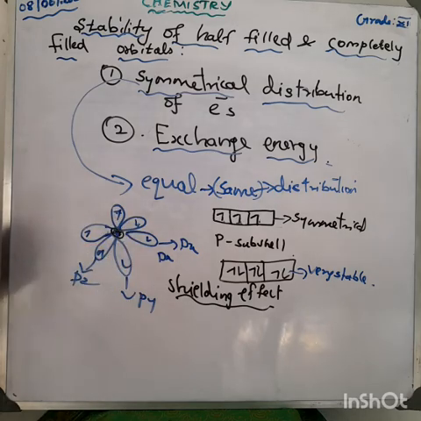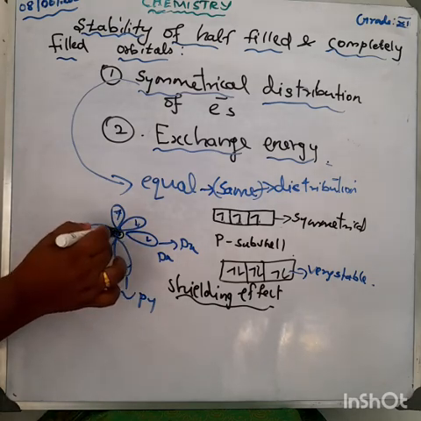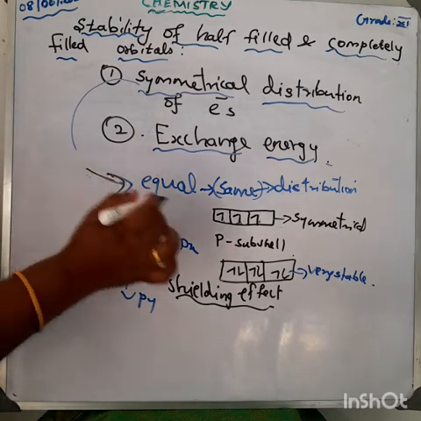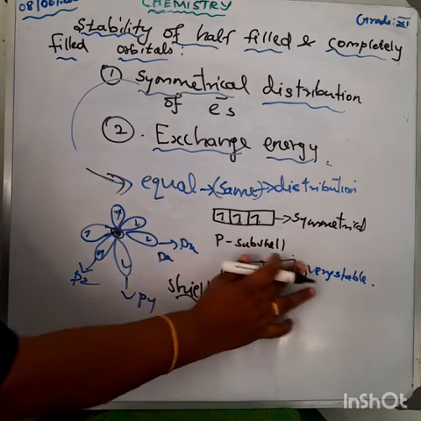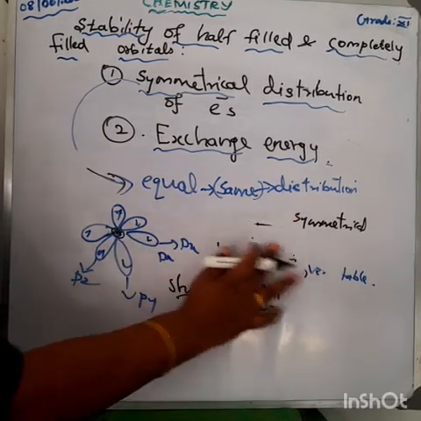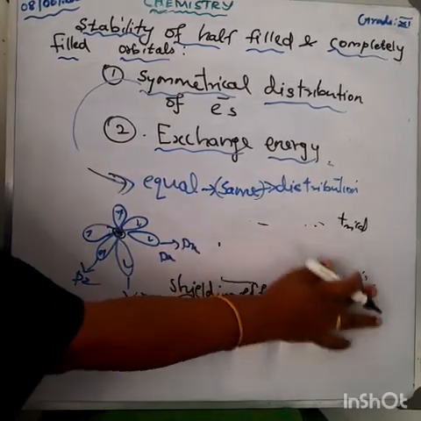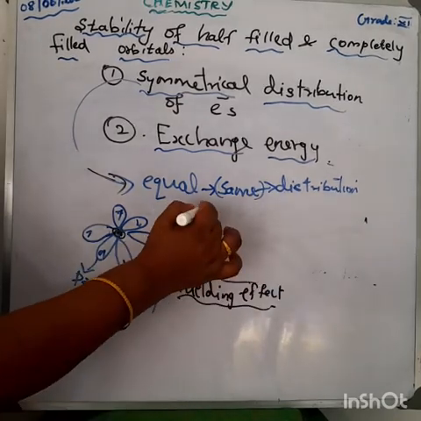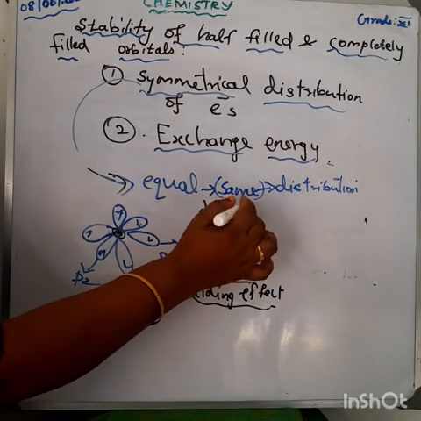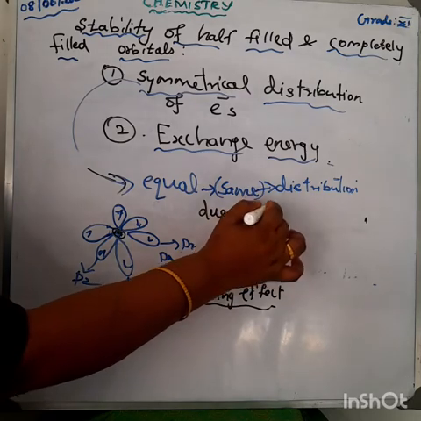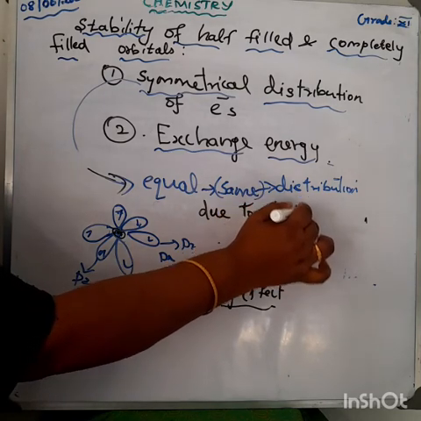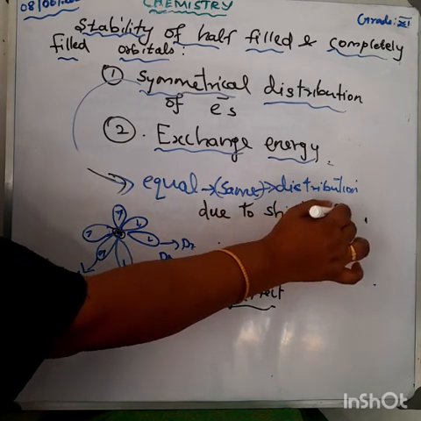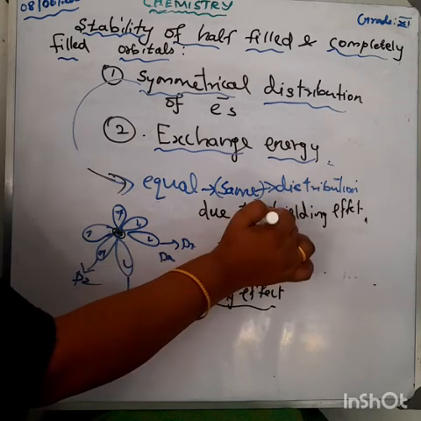So the attractive force is very small, and the electrons can be easily removed from the outermost orbit. That is called the shielding effect, otherwise called the screening effect.